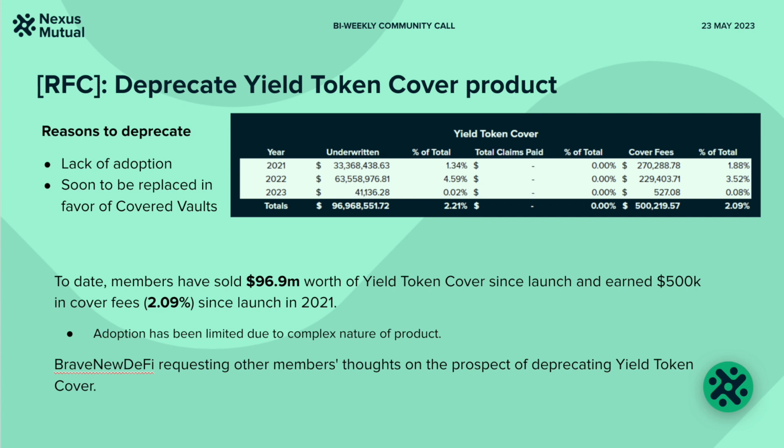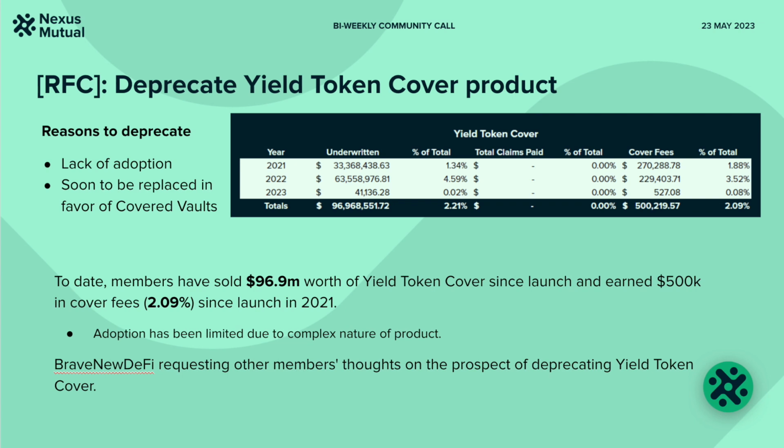And with this one, this is going to be replaced by covered vaults. For those who aren't familiar with covered vaults, this is an embedded product that would allow people to deposit into an ERC-4626 vault and have cover by default. So imagine a yearn vault that is a covered vault. You deposit into that vault, and a portion of the yield that is generated is used to pay the cover fee for the entire vault.